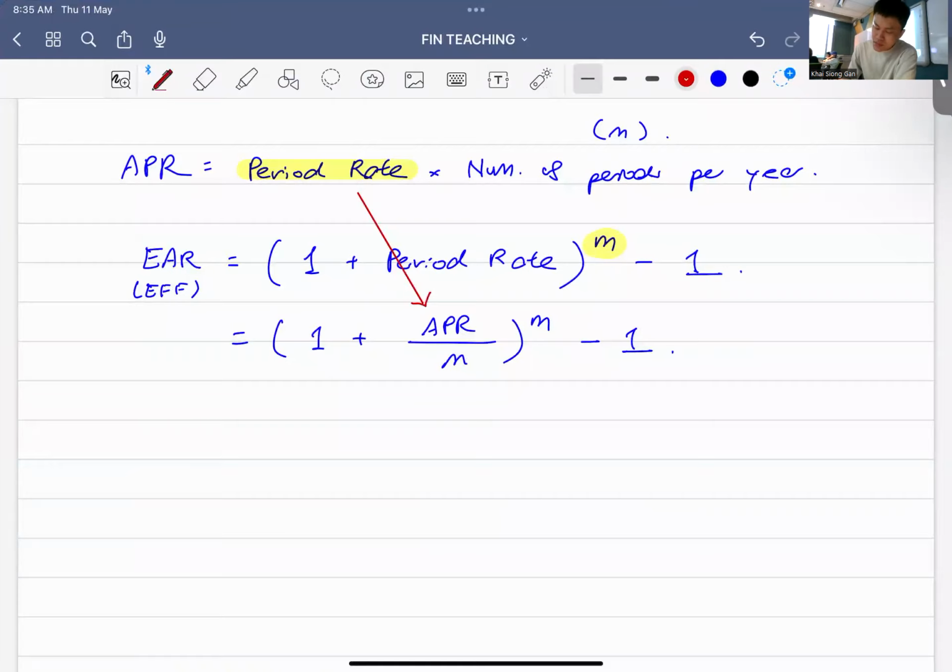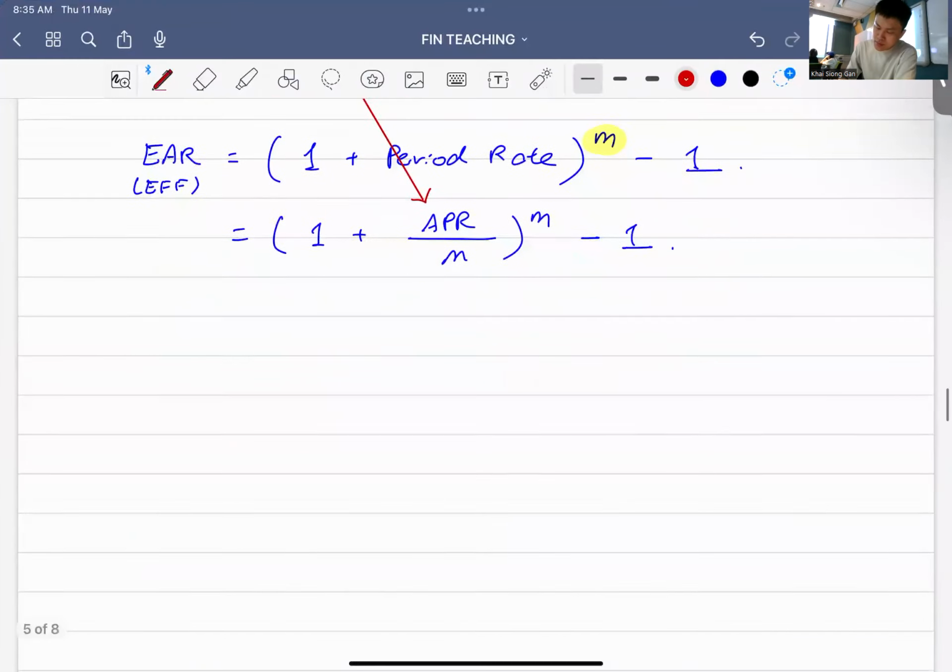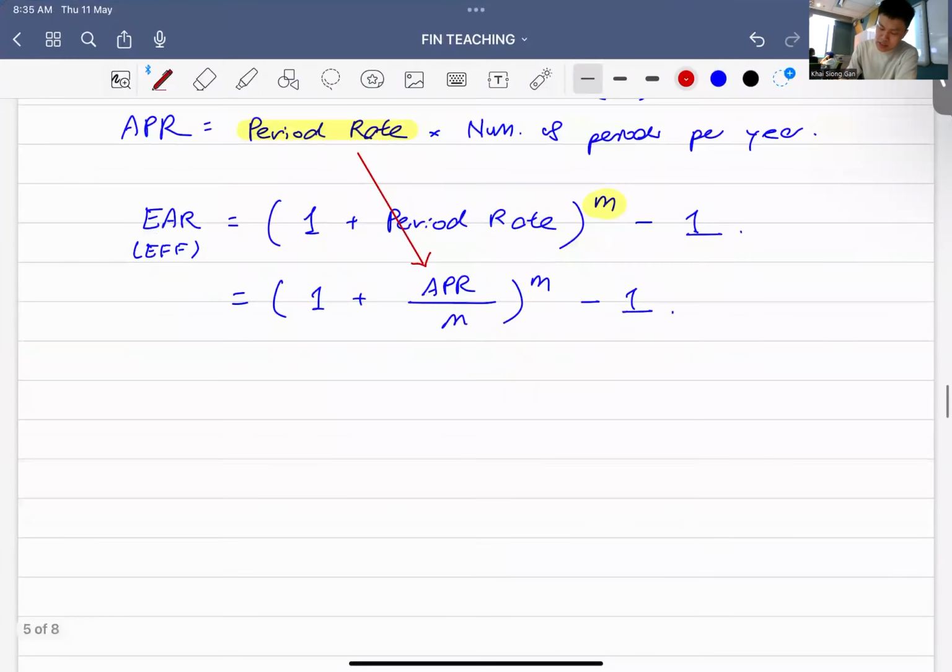Now, how do I calculate APR from this formula? If I were to calculate APR, I rewrite again. EAR equals 1 plus APR divided by M, to the power of M, minus 1.